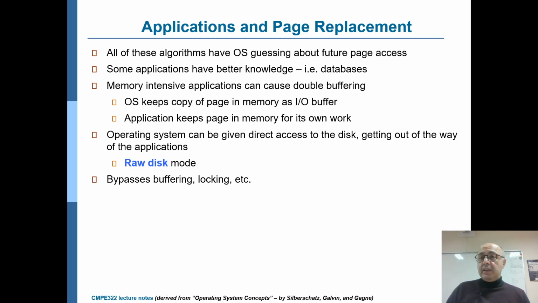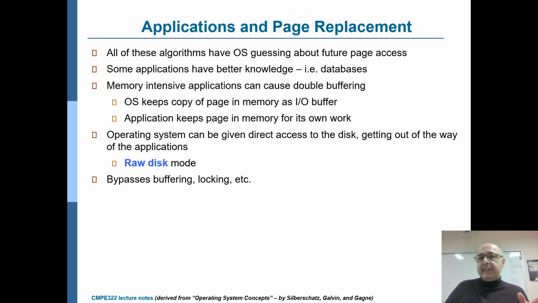However, there are some cases for some specific applications like the databases. They have some better knowledge of what they're going to need. The application actually knows what it will need because the database system knows which records it will be using or which records are related to each other.